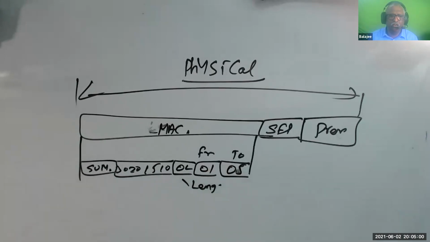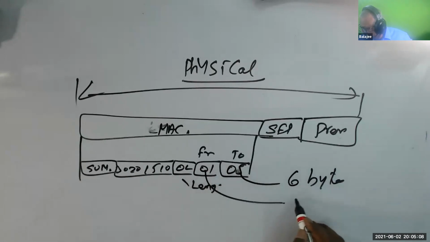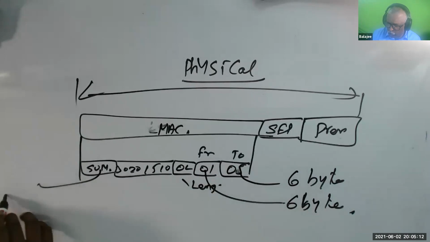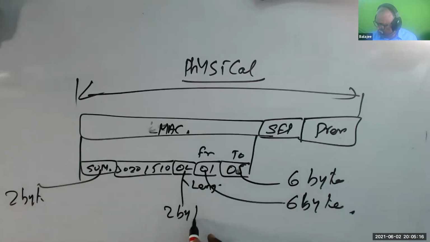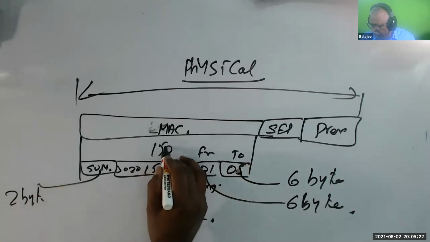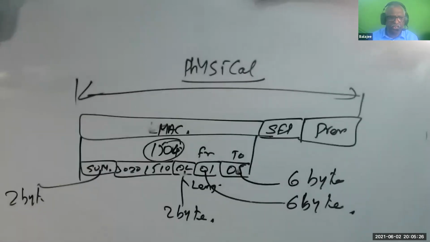So now in the actual standard, this is not 1 byte. This is actually 6 bytes. This is actually 6 bytes. This is actually 2 bytes. This is also 2 bytes. And the length cannot exceed 1500 bytes. Or to be exact, 1504. You know why?